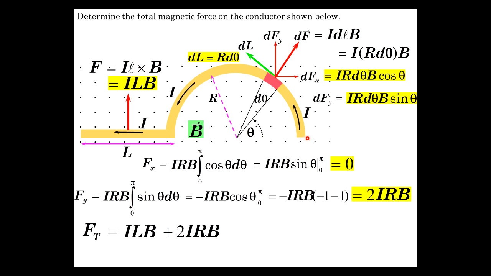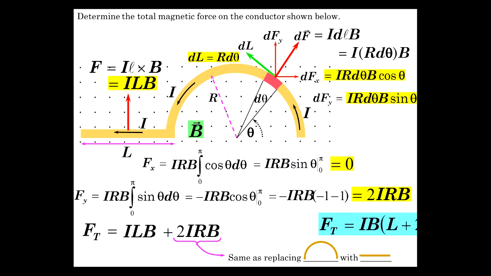That's like the length of a straight line segment along here. In fact, that helps us understand that the entire force on this is the same as replacing that circular part with a straight line piece. So the total force is IB times the quantity L plus 2R, j, because it's in the positive y direction.